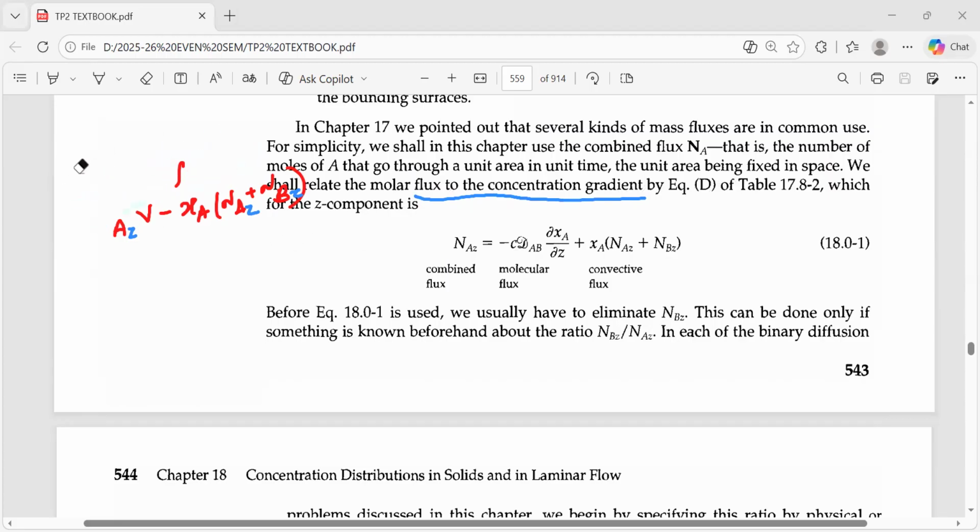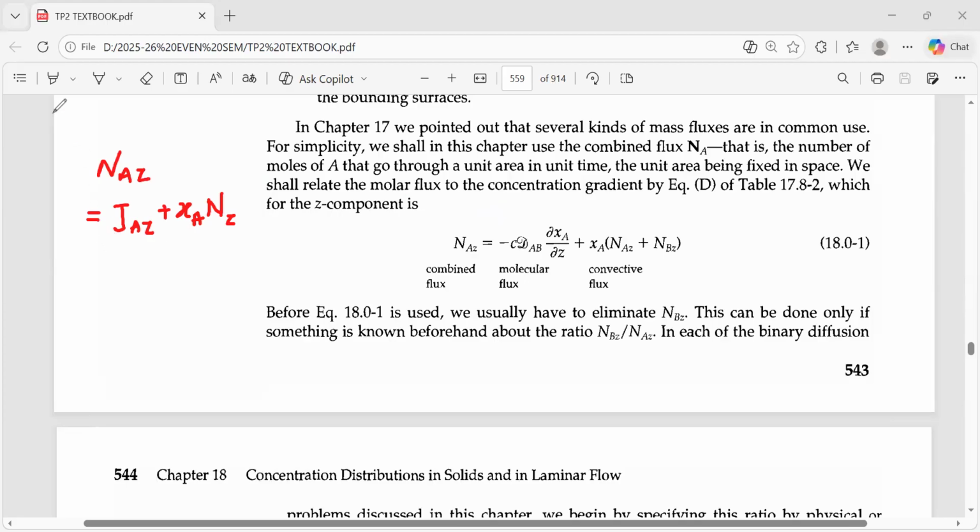The molar flux for the Z component will come to NAZ. Generally this is written as the molecular flux plus XA into total N, and that too in the Z direction.